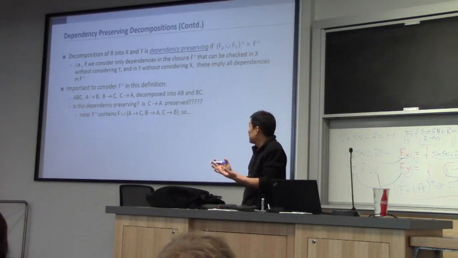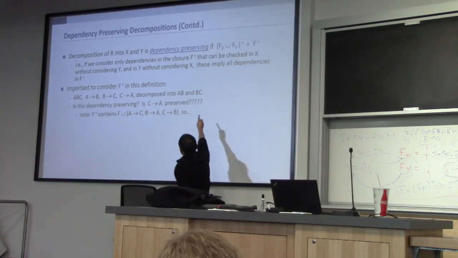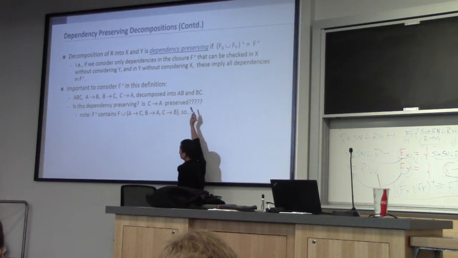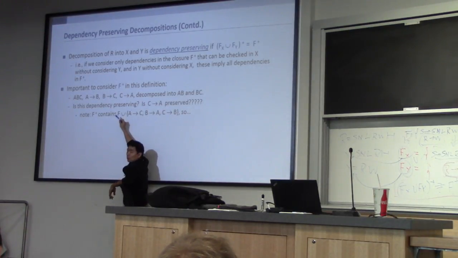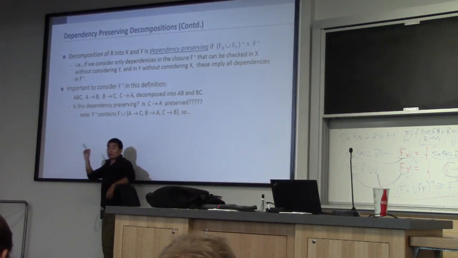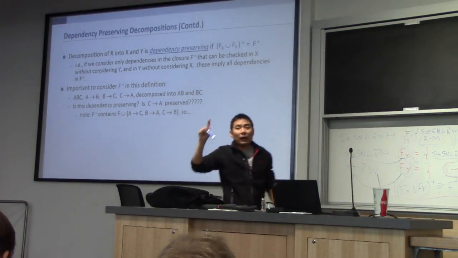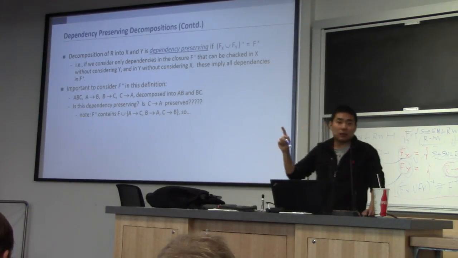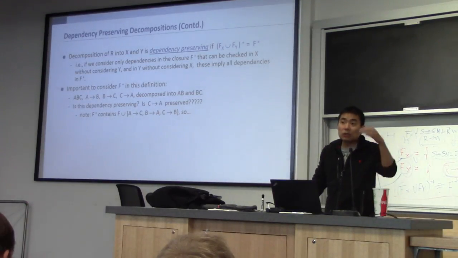In this case, actually, B determines both. Because B determines C, so B determines BC, trivial. But if you look at the original set of functions, B determines C, C determines A, so B determines A as well. So B determines A and B determines B, so B also determines BA. So in this particular example, X intersect Y determines both X and Y. So it must be lossless, because you only need to determine one of them.